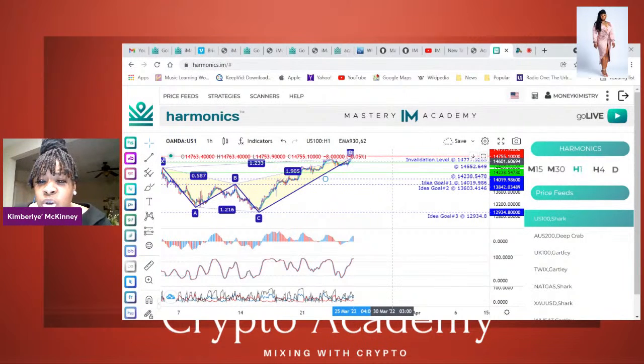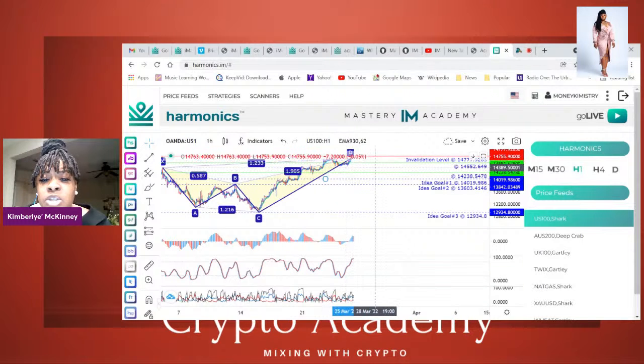Make sure that you don't over leverage the money that you have in your account. So we teach you how to not over leverage and make sure that there is risk protection, to protect yourself, to protect your finance, to protect your money. So this is an invalidation level here. That means if the market hits this level and above, it gets you automatically out of the trade.